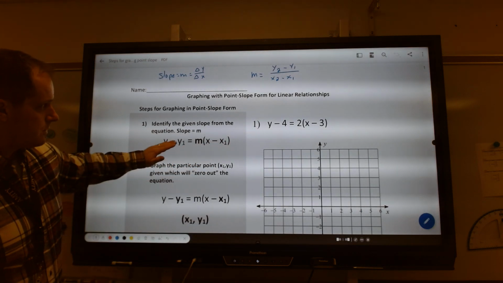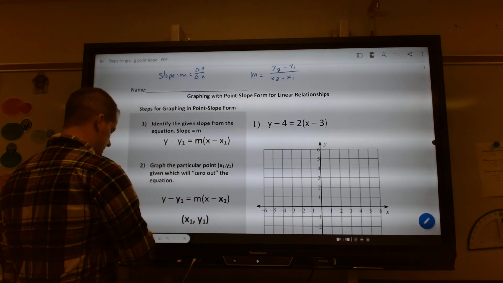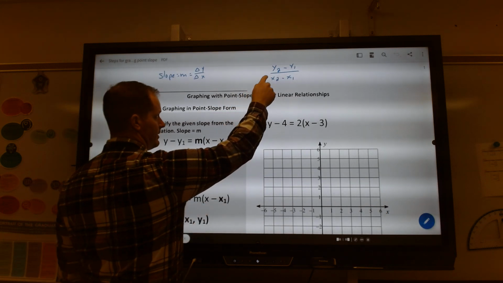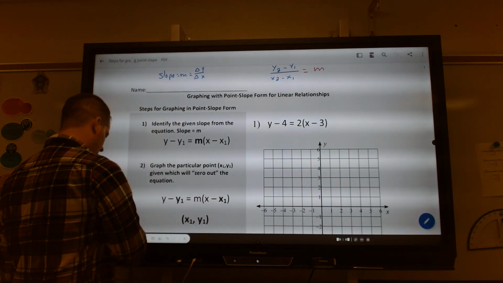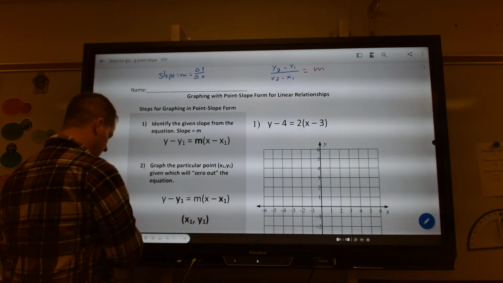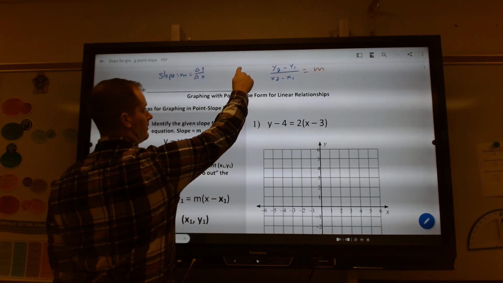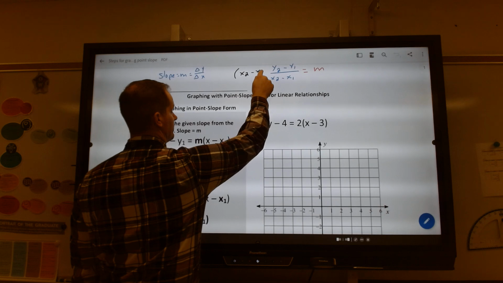And one thing, if you notice, if I decide to take my slope formula and just rearrange it a little bit, so instead of saying m equals, I say that this is equal to m, I can multiply both sides of the formula by the denominator, which is x sub 2 minus x sub 1.